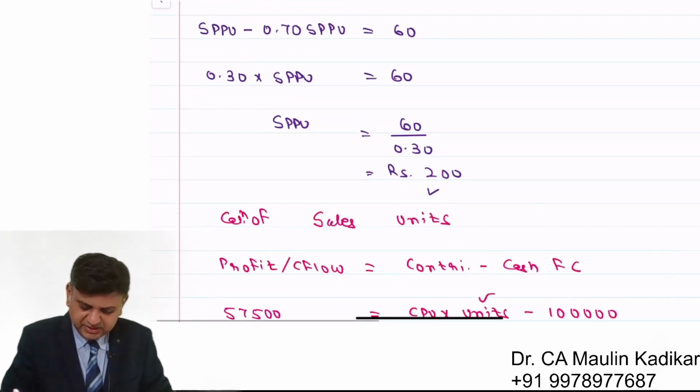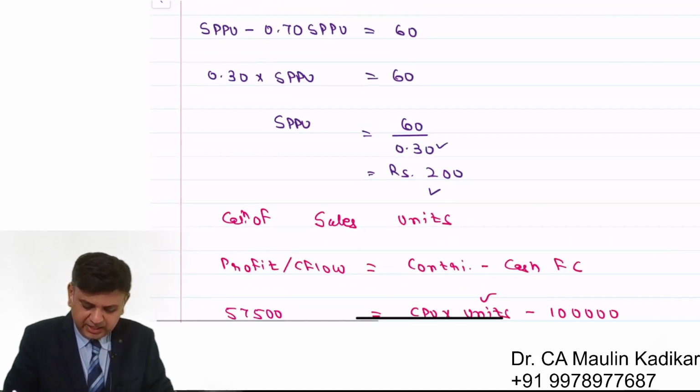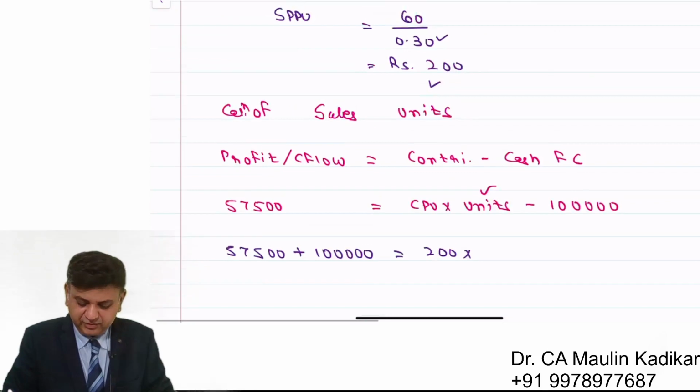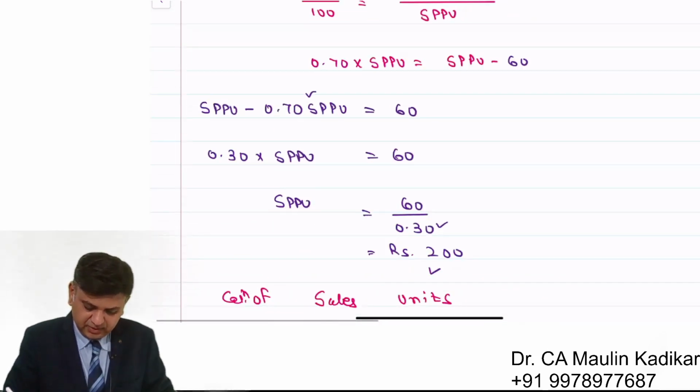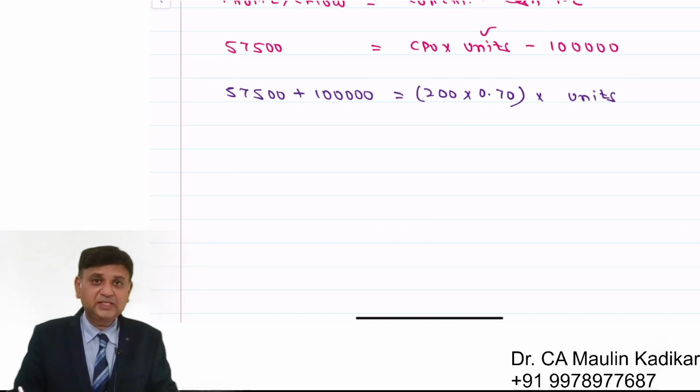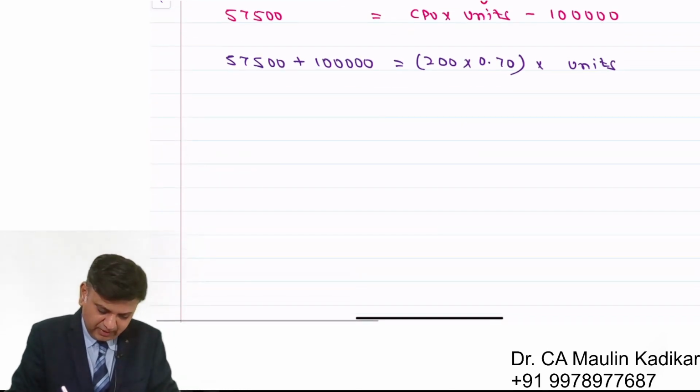As far as the selling price is concerned, it is 200 and the profit volume ratio is 70%. So 200 into 0.70 into number of units. Now basically we require the answer in terms of number of units.